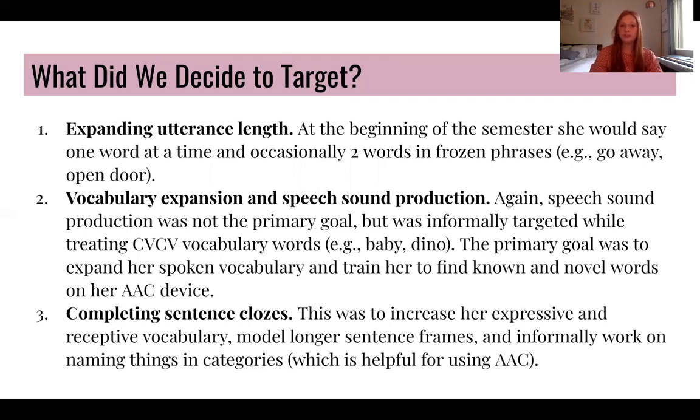And so we would use those Kaufman cards that I talked about last week, and we would pull CVCV vocab words like baby or dino. And the goal was to expand her spoken vocabulary, but also train her to find new and novel words on her AAC device. So we would give her the word, try to have her say it a couple of times.